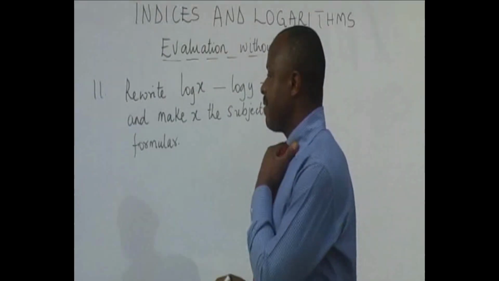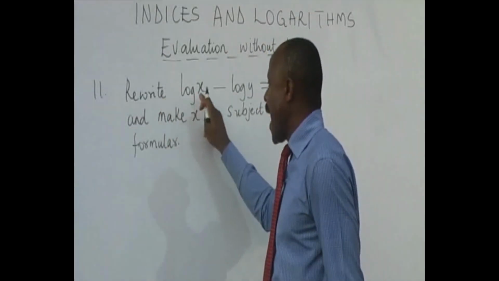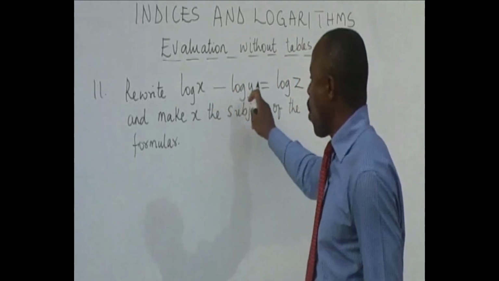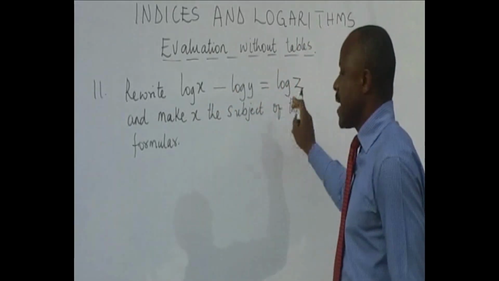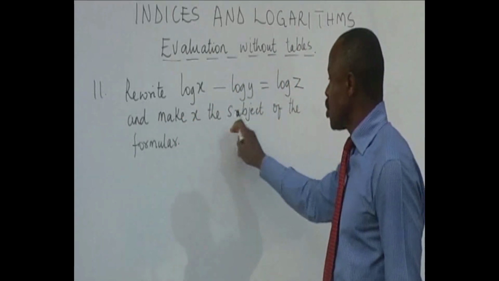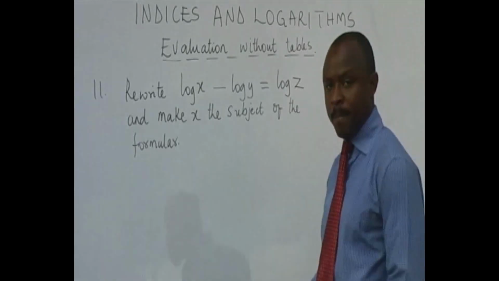This is question number 11. It says we should rewrite log x minus log y is equal to log z and make x the subject of the formula.